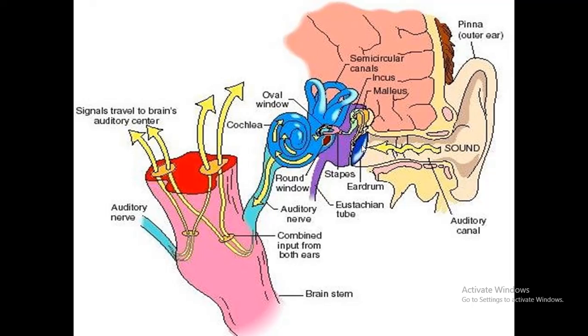But for the time being, let us know that sound can travel faster through the solid and through the air. But if the sound waves strike liquid surface, most of the sound energy is reflected back.